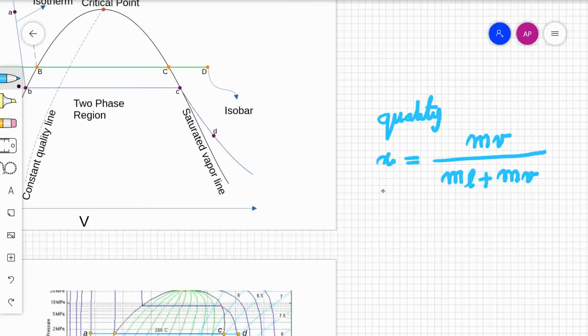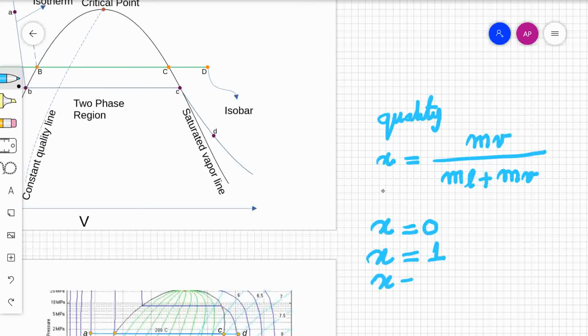It's an obvious fact that if the quality X is equal to 0, it means the entire mixture contains only liquid. And if X is equal to 1, the entire mixture contains only vapors.